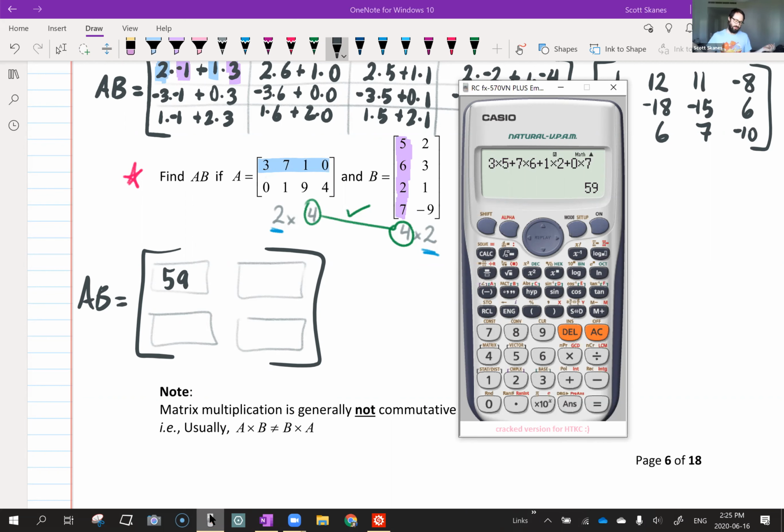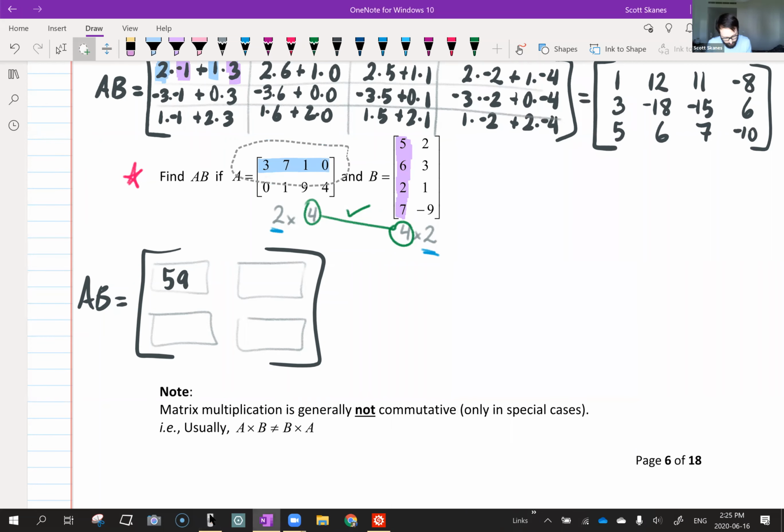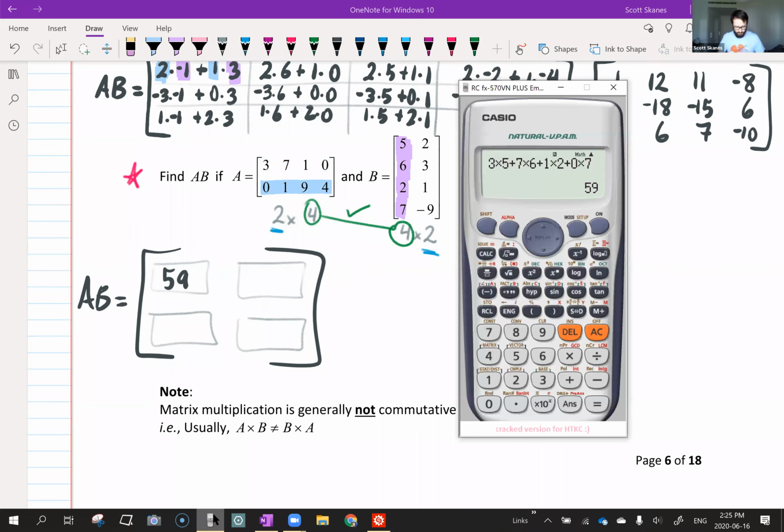What do I do next? The next row or the next column? Well, it doesn't matter. So I'm just going to do the second row, first column, just for fun. Okay, I'm going to do these. I'll do it in my calculator again. The first elements are 0 and 5. And I'm going to add 1 times 6. Those are my second elements. Plus my 9 times 2.